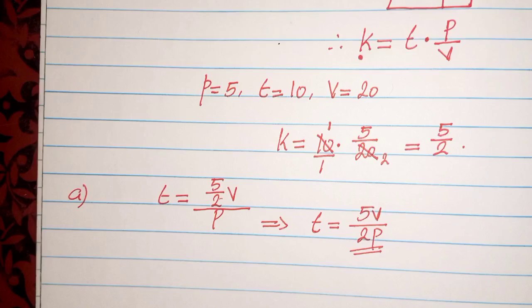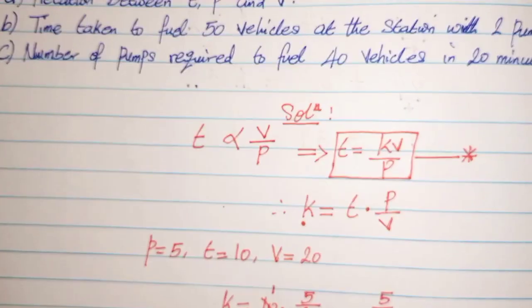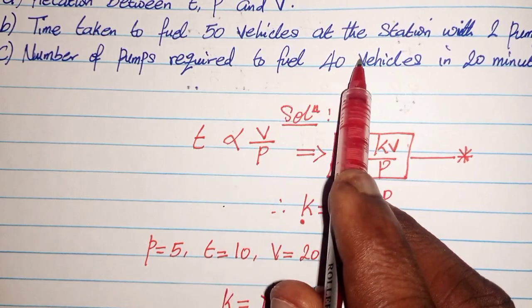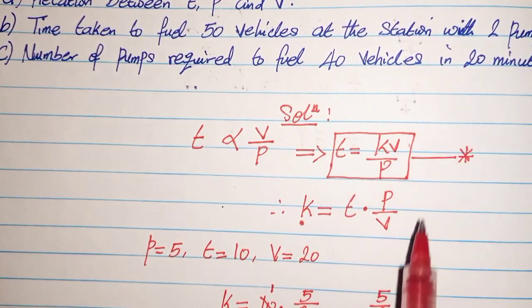Now let's go to question B. Question B says that we should find the time taken to fuel 50 vehicles at the station with 2 pumps.